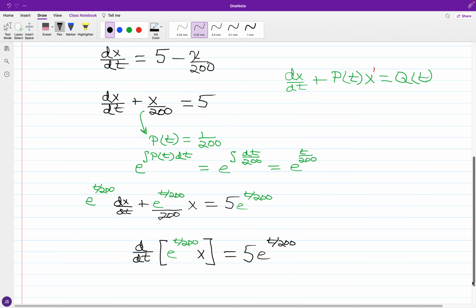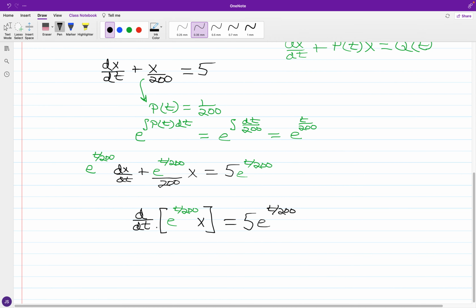And removing the brackets, I'm going to integrate on both sides with respect to t. And here we have 5 times e to the t over 200 dt.